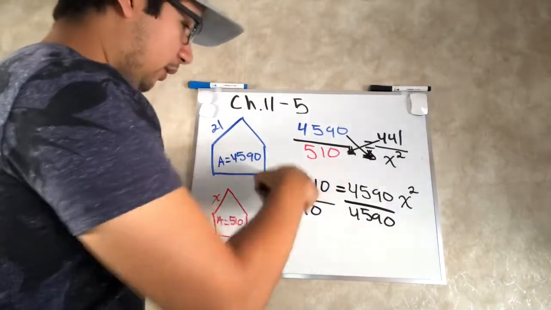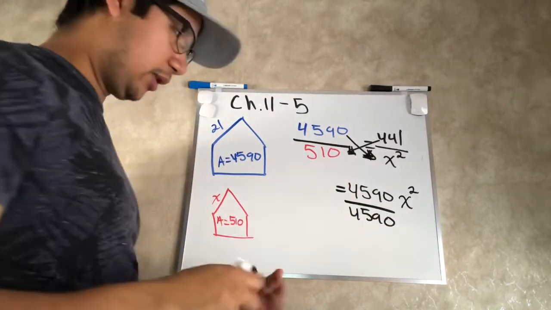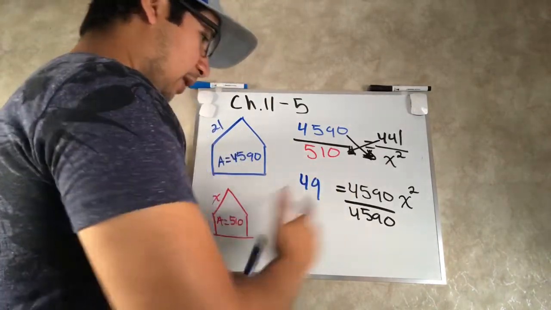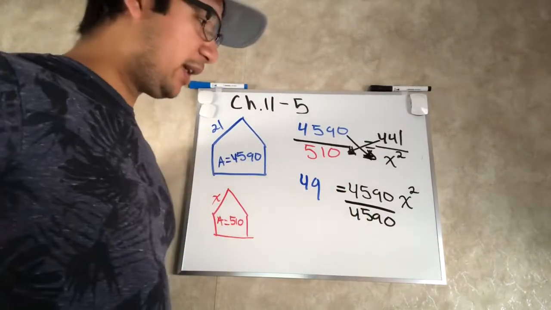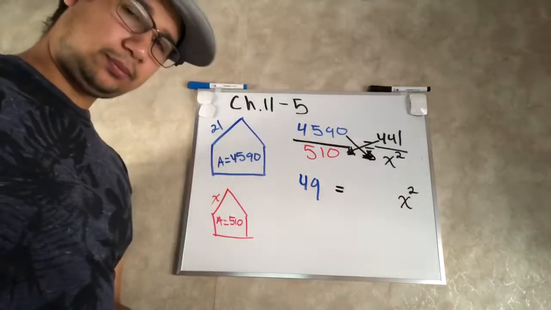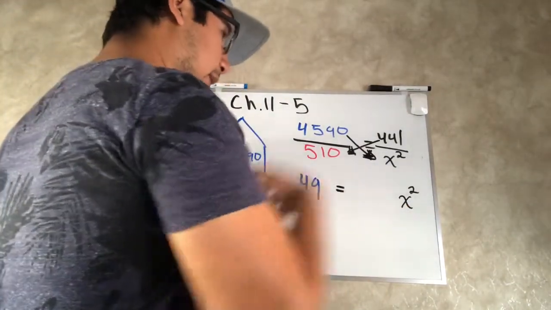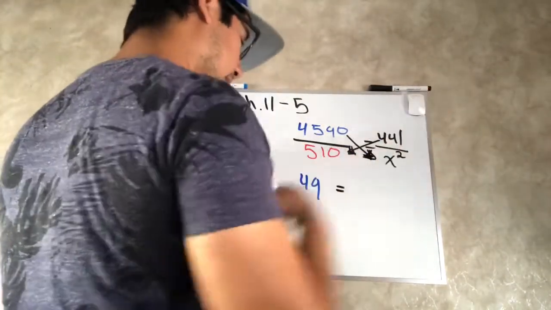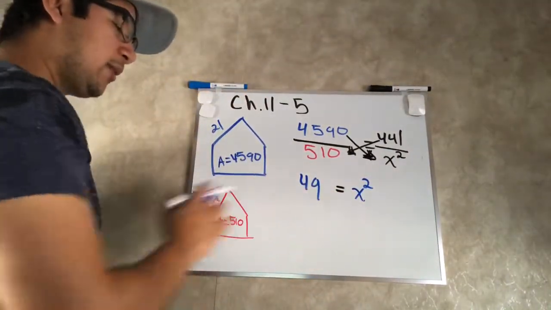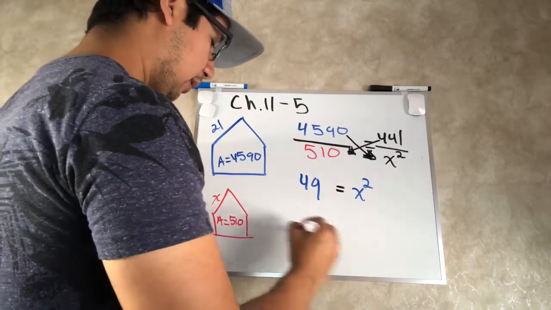So all this here gives us 49 once you divide it out. It's a much easier number. 4590 divided by 4590 gives us 1. So we're left with x squared. 49 equals x squared. Well, what times what gives you 49? Well, 7. X equals 7.